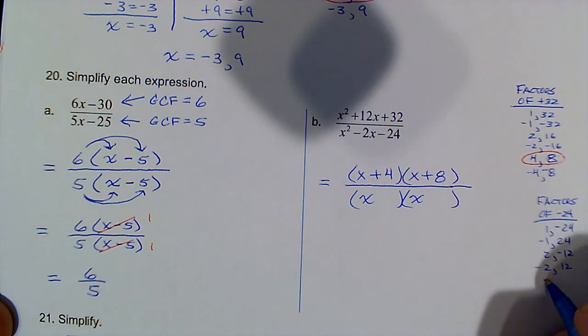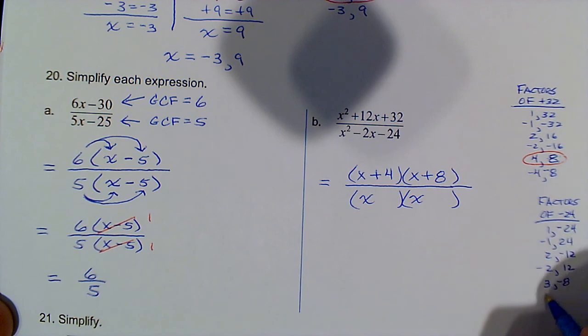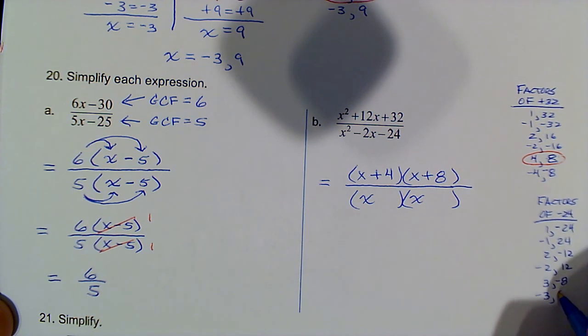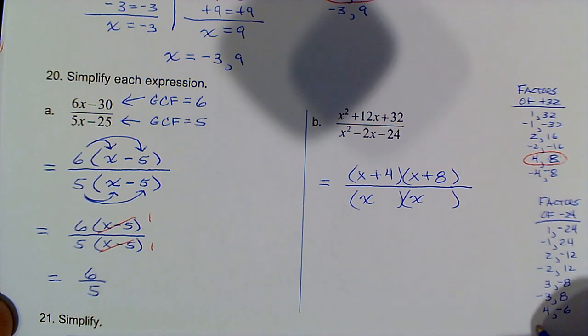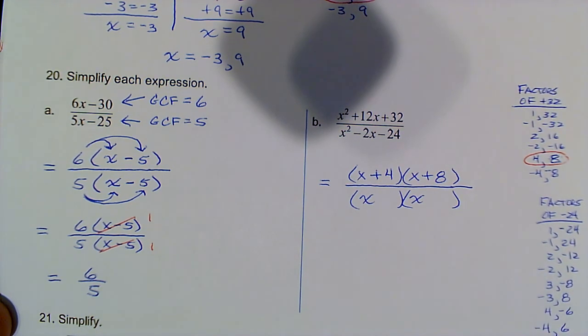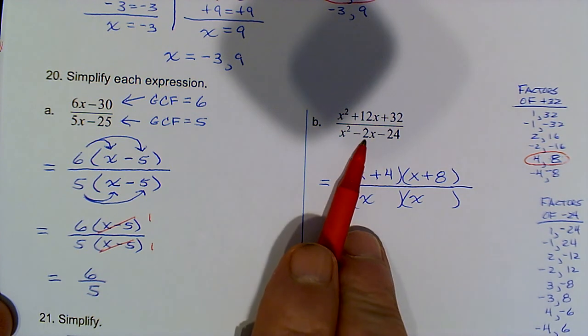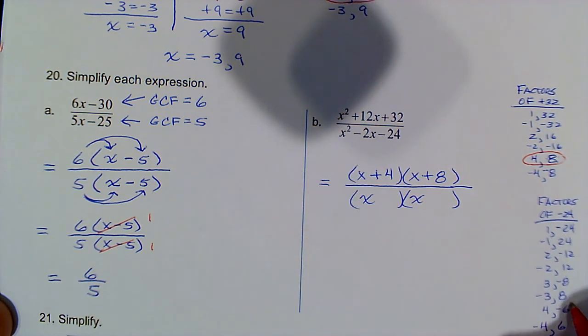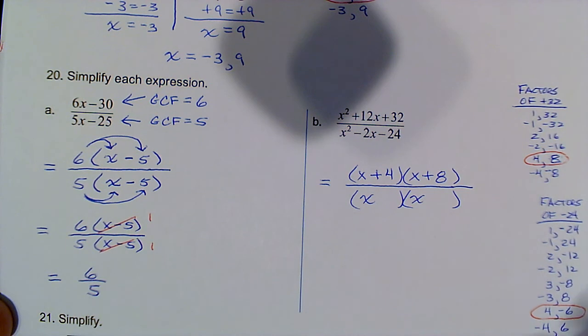See, 3 and negative 8, negative 3, 8. 4 and negative 6, negative 4, 6, and I think finally that's it. And the pair that combines to give us the negative 2 is the positive 4 and the negative 6.